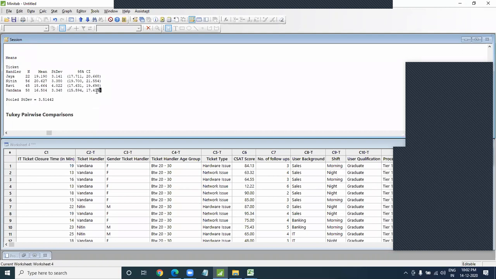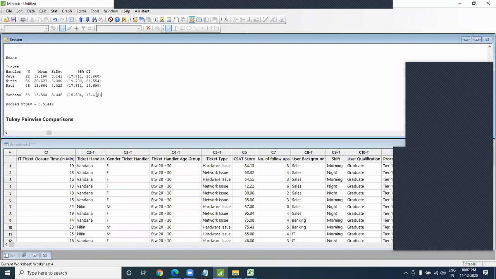She ends at 17.4. These others don't even start at 17.4. This is 17.7, 19.7, 17.6. She ends at 17.4. That's where you're getting the root cause from. That's why you are seeing a significantly big difference. Why? Because she's a role model.